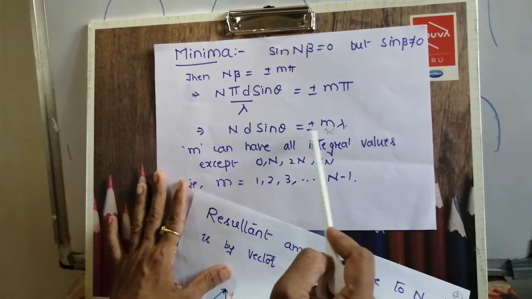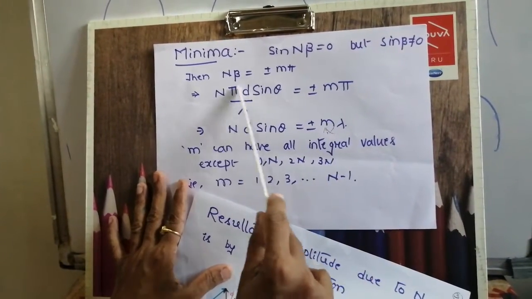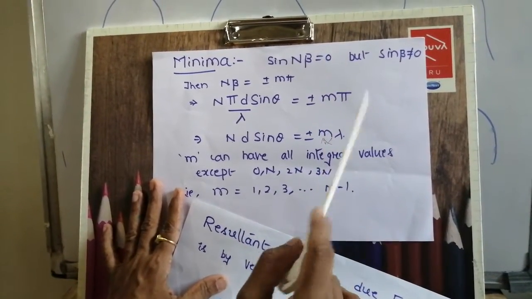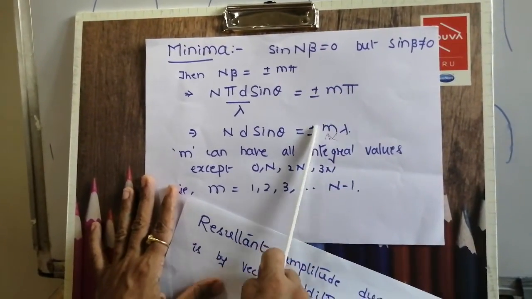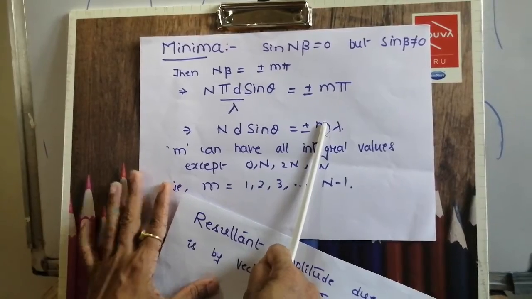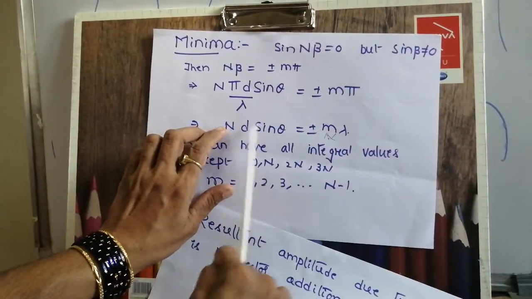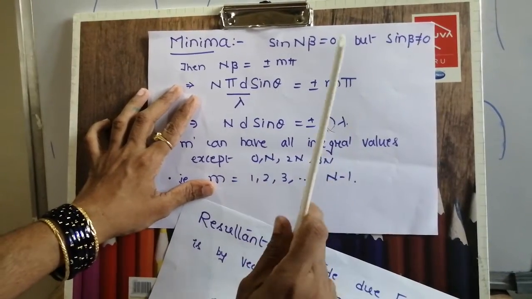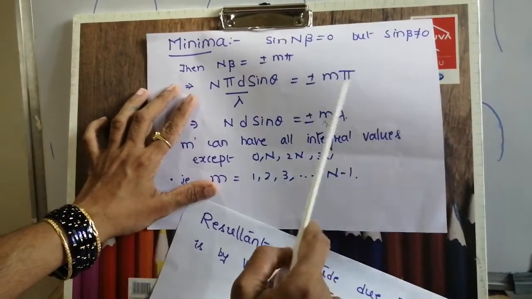Why? Because if m equal to 0, then beta equal to 0, which relates to the central principal maximum. If m equal to n, then n and n get cancelled, and d sin theta equal to lambda, which corresponds to the first principal maximum.